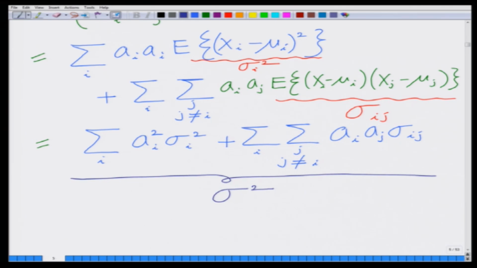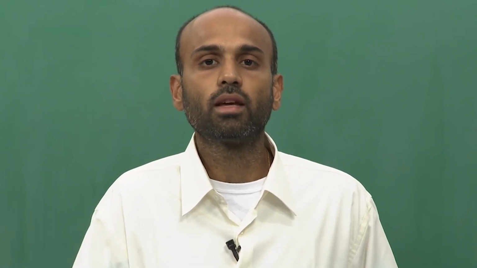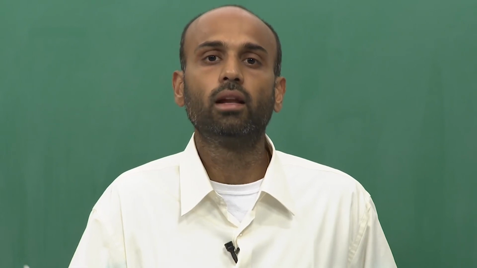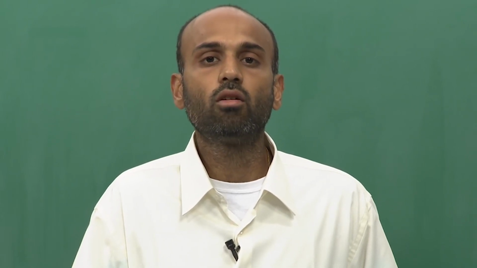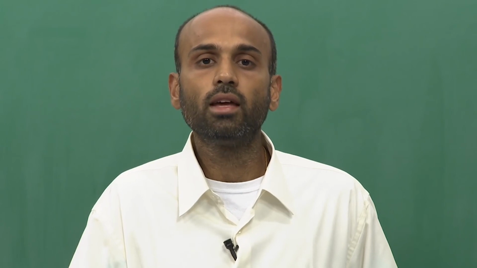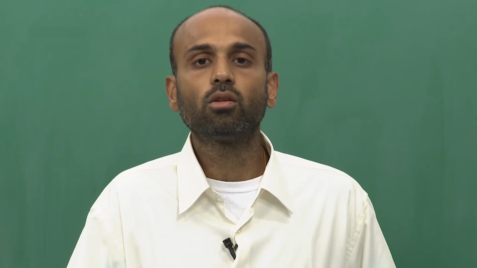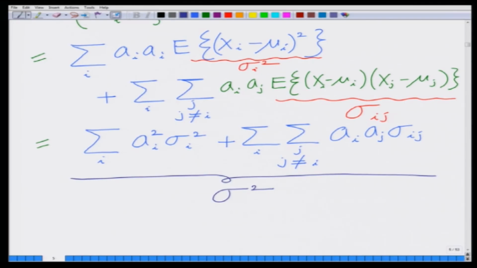So, we have calculated the expression for the variance sigma square of this Gaussian random variable x, which is generated as the linear combination of the Gaussian random variables x1, x2 up to xl. Therefore, we are saying the mean of this Gaussian random variable x is summation over i a_i mu_i. The variance is summation over i a_i square sigma_i square plus summation over i, summation over j, j not equal to i, a_i a_j times sigma_ij.